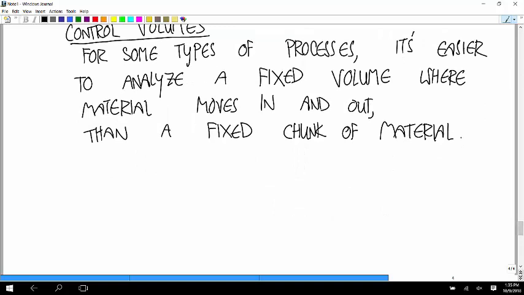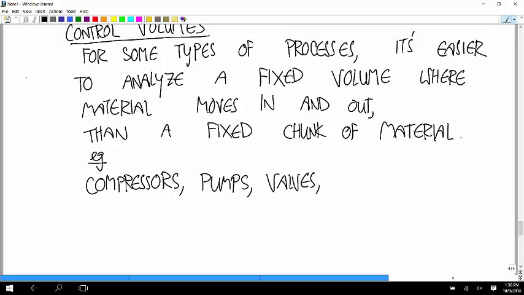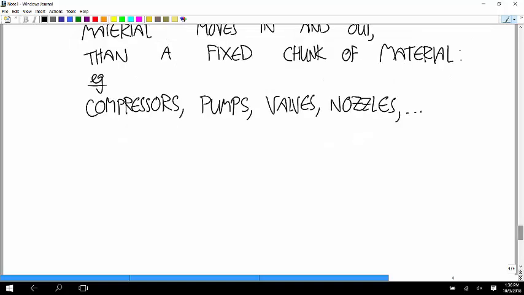So we'll use this for compressors, pumps, valves, nozzles, cases where the movement of a material through the device is fundamental to how that device works. In those cases, we'll use a control volume approach.